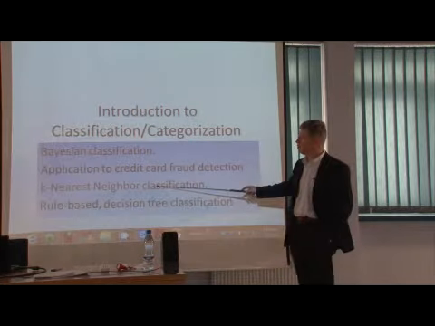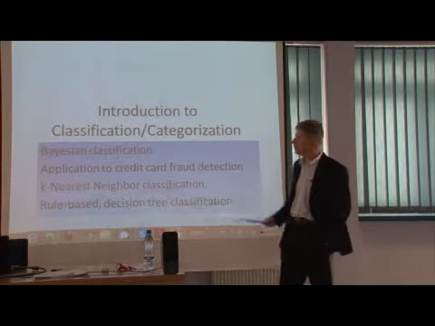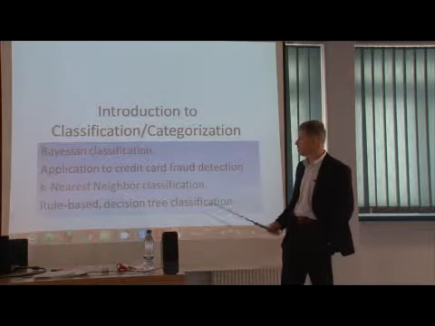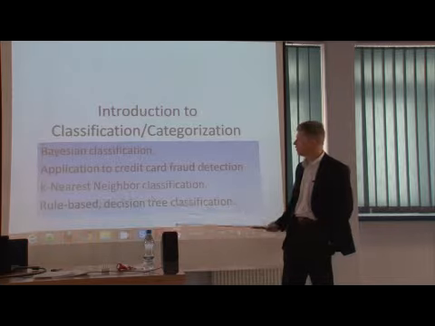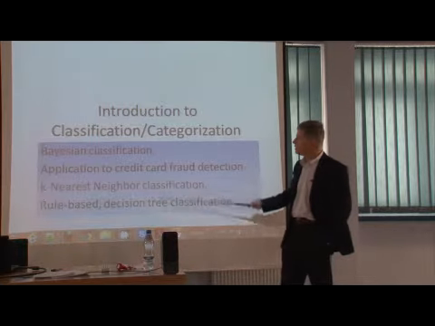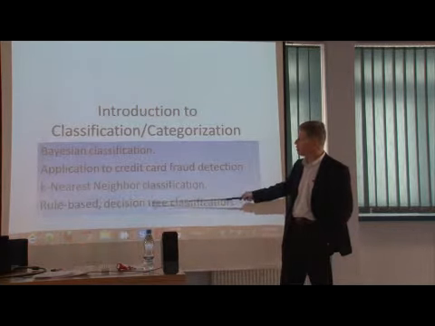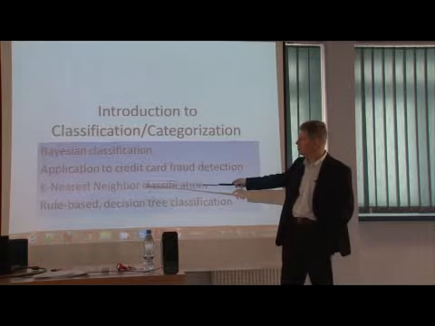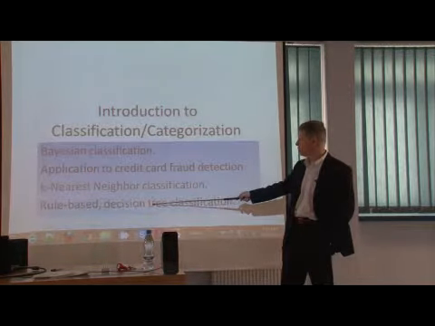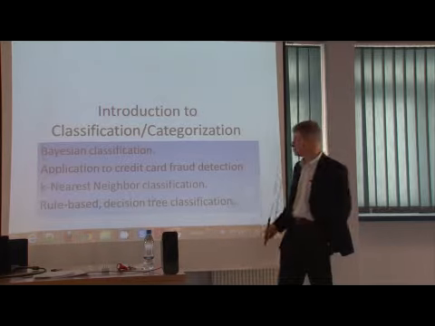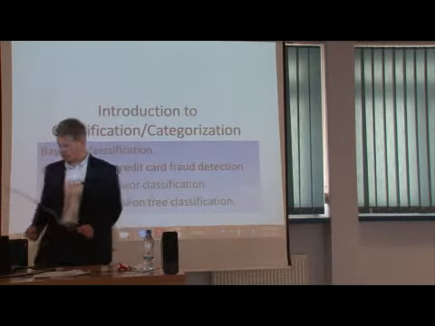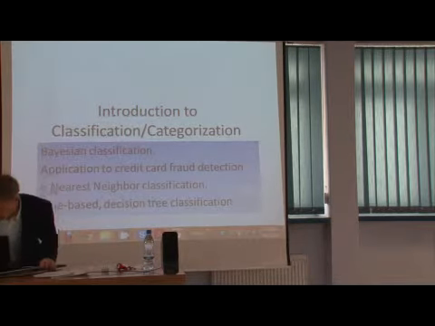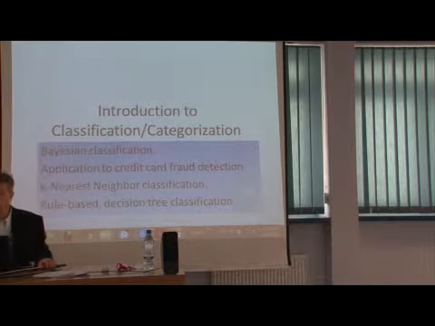And then we also will cover some other types of classifications, such as nearest neighbor classification and rule-based or decision tree classification. So altogether, I would say that Bayesian, nearest neighbor, and decision tree is the core of classification algorithms, and they appear in different variants in many different places.